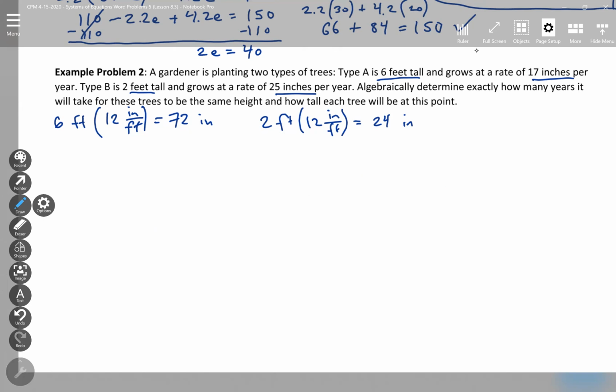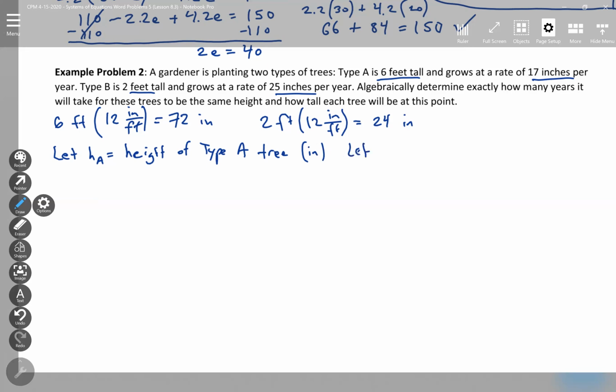So let's define our variables. So let HA equal the height of the type A tree, in inches, I'm sorry, we're doing this problem in inches.